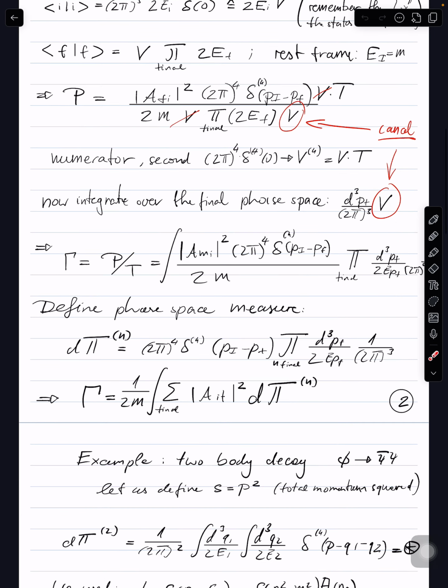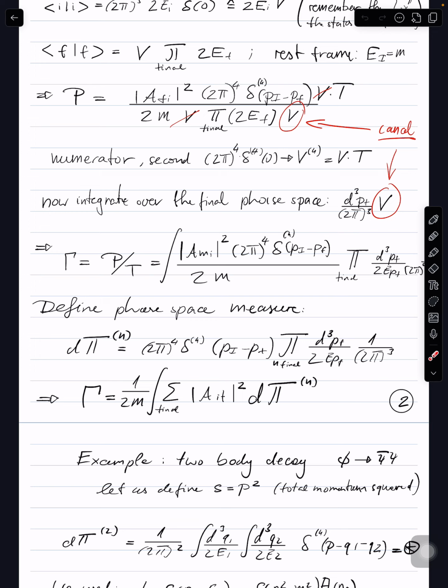And what we end up with is the transition matrix element times the momentum conserving delta function times the product over all final state momenta. It's just a notation whether we write this product here in the numerator or pull it out and write it here. The two EF factors just give us the Lorentz invariant measure, combining it with the momenta of the final state particles.